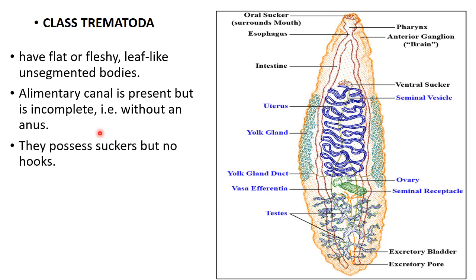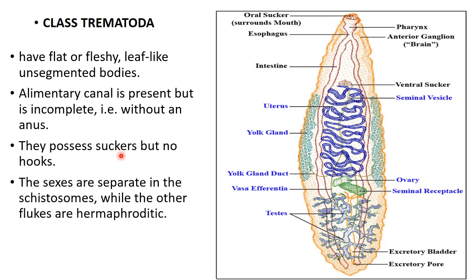Then they possess suckers but not hooks. Unlike cestodes, which have suckers where some of them have hooks, these guys have suckers with completely no hooks. Then their sexes are separate in schistosomes, but in other flukes, you find that they are hermaphroditic. Okay. Then they are oviparous, which from the previous slide we talked about.